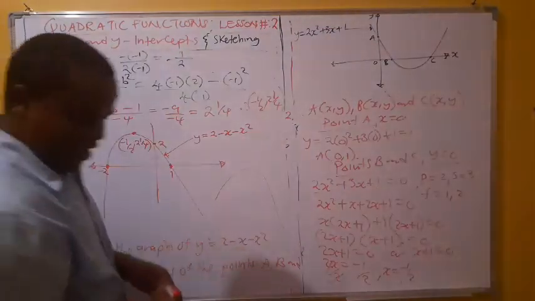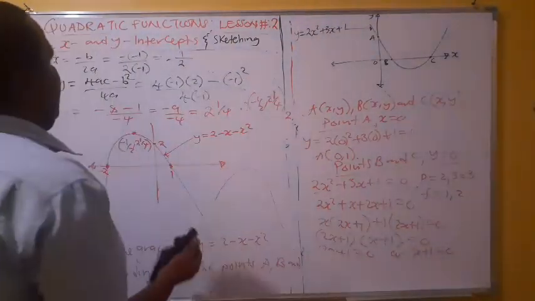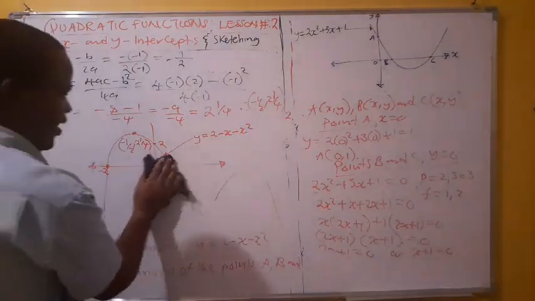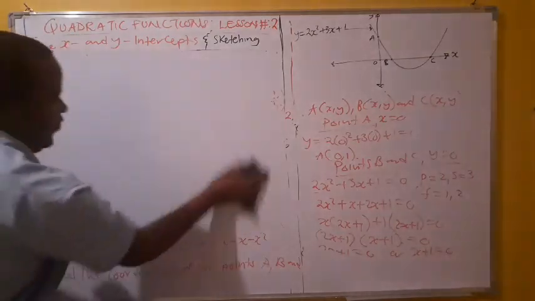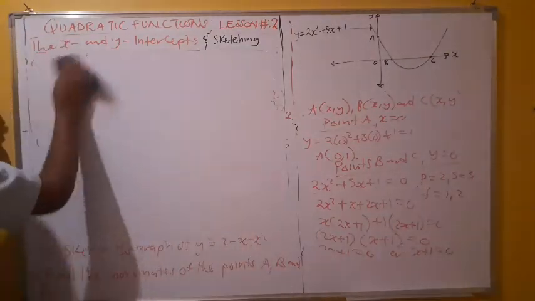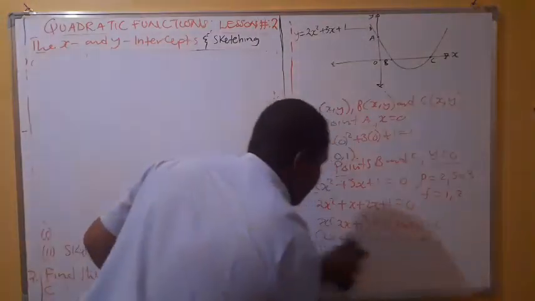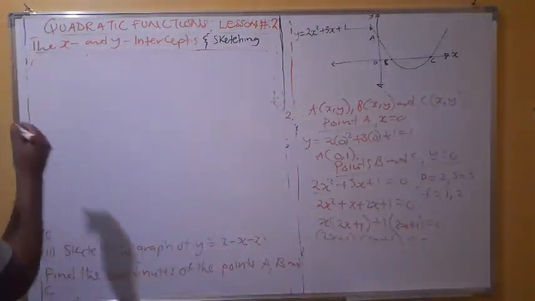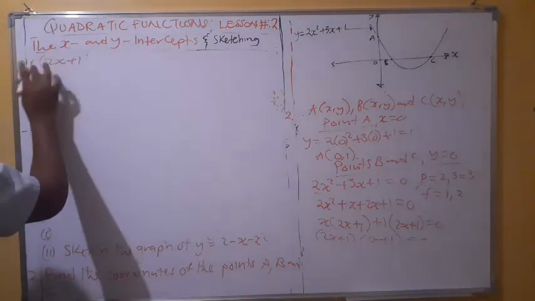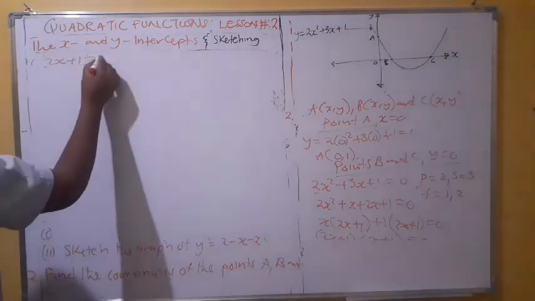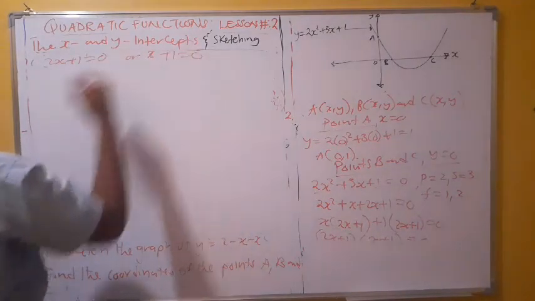Maybe you may not be able to see nicely. Let me just see this here. I think this part is done. So in this part, so that we are able to see nicely, we have 2x plus 1, there's no need of brackets, is equal to 0, or x plus 1 is equal to 0.